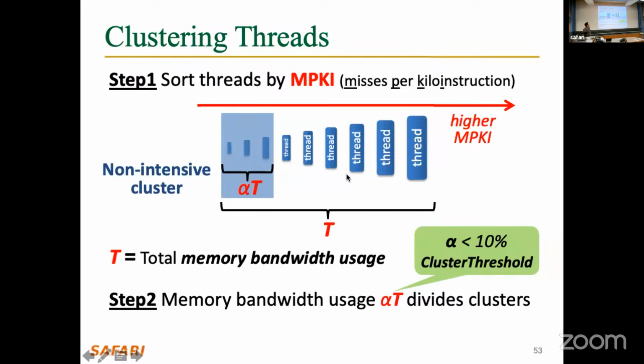So if alpha is 0, every one of your threads is memory intensive. And if alpha is 100, everything is considered non-intensive. So if alpha is 100, for example, you're prioritizing the lowest memory intensive thread over everything else. So you're optimizing for throughput completely, and you're not considering fairness at all.